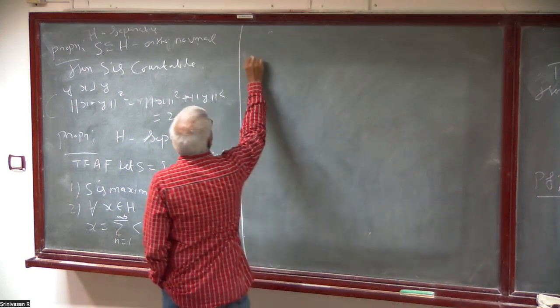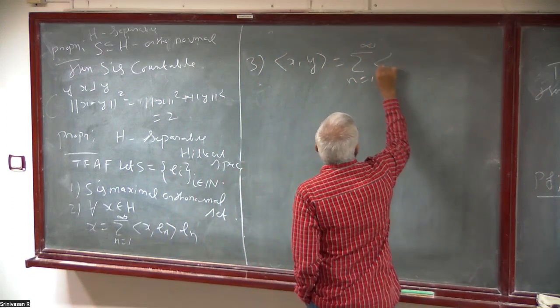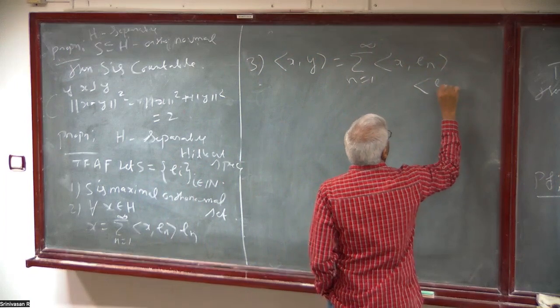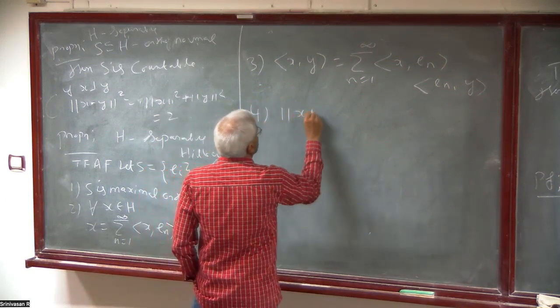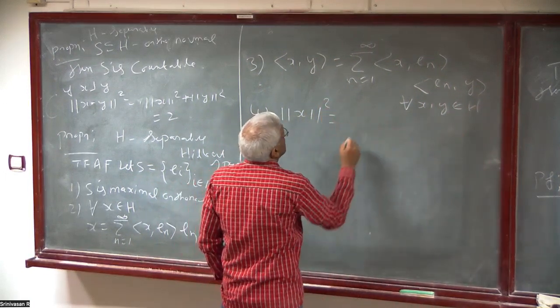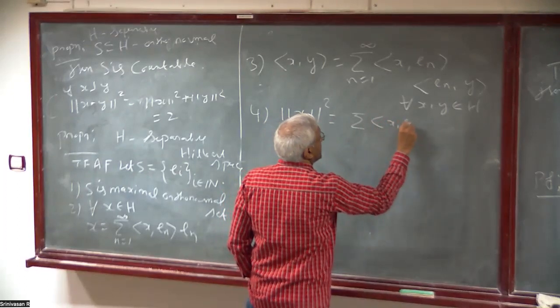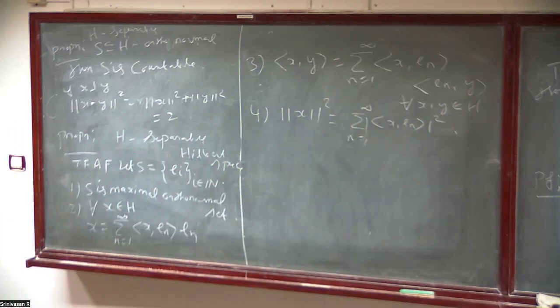So this is equal to saying that the inner product of x, y equals the summation of ⟨x, e_n⟩ times the conjugate of ⟨y, e_n⟩. And norm x squared equals the summation of the squares of |⟨x, e_n⟩|. I'm not proving this. Any maximal orthonormal set will satisfy this condition.